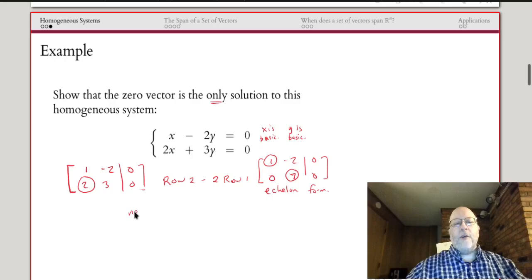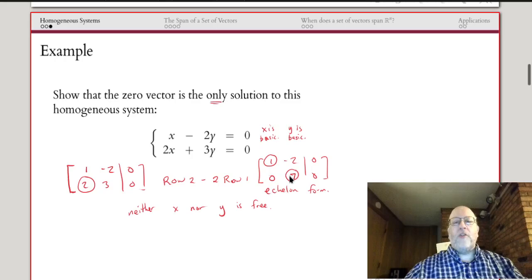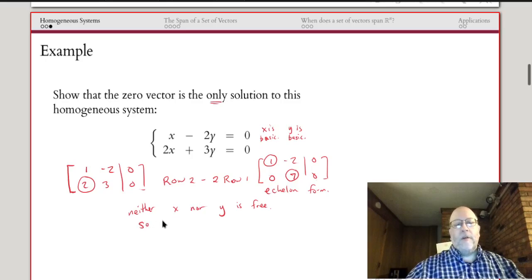So neither x nor y is free, and therefore we don't have an infinite number of solutions, we just have one solution. We can see that if 7y is equal to 0, y is 0, and then when we substitute up here we get x equals 0. So x equals 0, y equals 0 is the only solution.